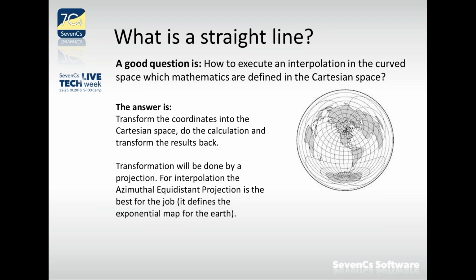And the proper projection for doing this is called the azimuthal equidistant projection. I give you a little image here on how this looks. This is a projection where each point in the projected plane which has the same distance to the center of that projection also has the same distance in the curved space. The mathematical concept is called the exponential map, but you can forget that.